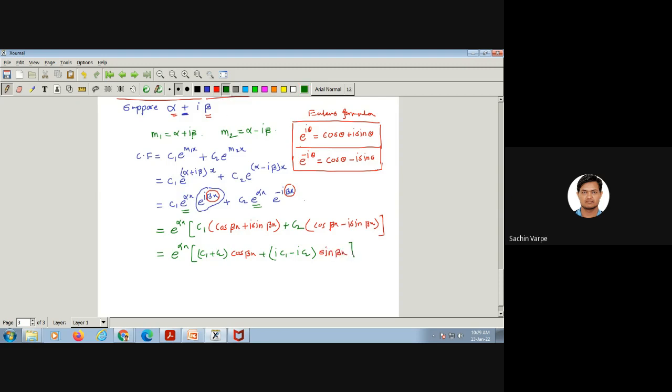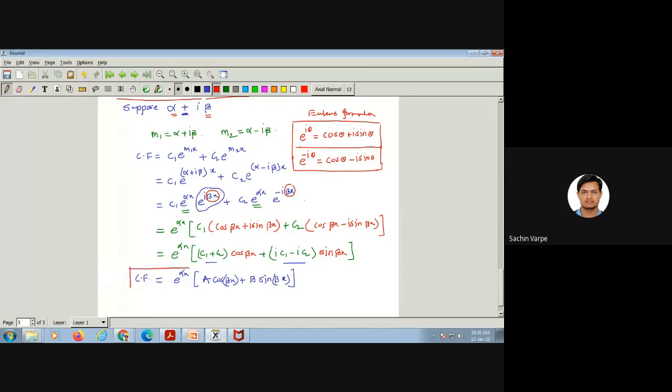Okay? And these are constants. This is constant, this is constant, so we call them other constants, say a cos beta x plus b sin beta x. So I'm writing here e to the power alpha x into, in bracket, a cos beta x plus b sin beta x. So this is the formula for the complementary function in case of complex distinct roots.